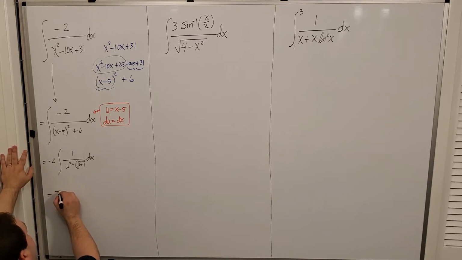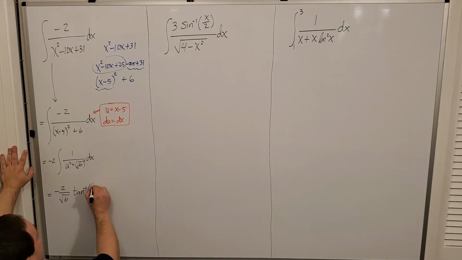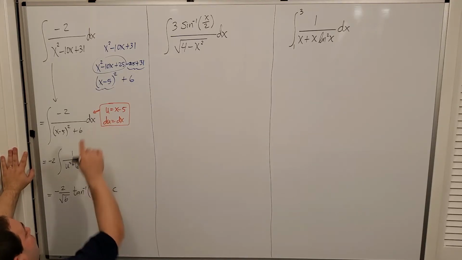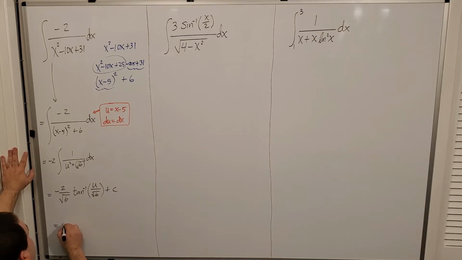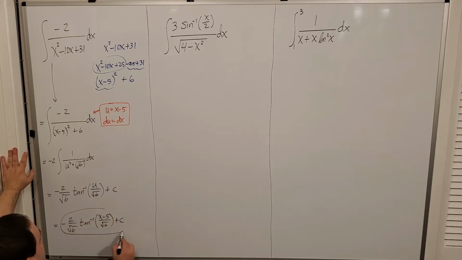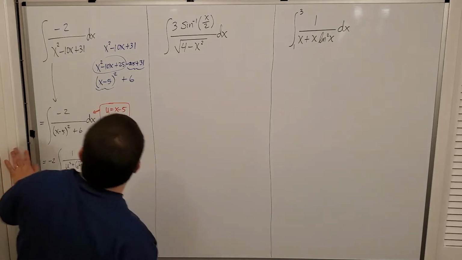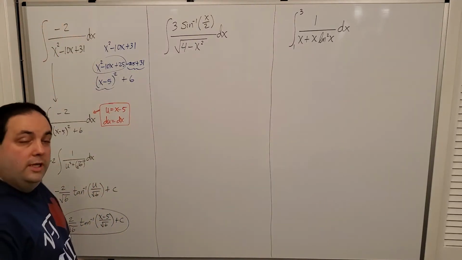Okay, so that gives me -2 over square root of 6 times arctangent of u over square root of 6 plus c. And then my u value was x minus 5. So to finish up, I have -2 over square root of 6 arctangent of x minus 5 over the square root of 6 plus c. And then I've got a nice antiderivative to this normal looking rational function.